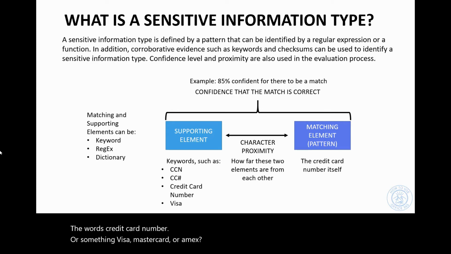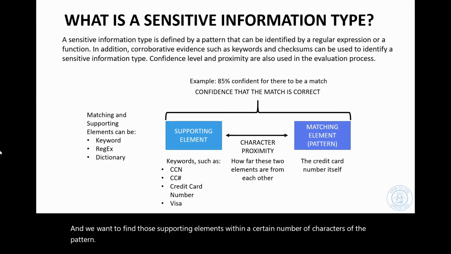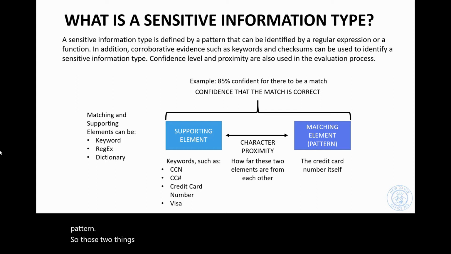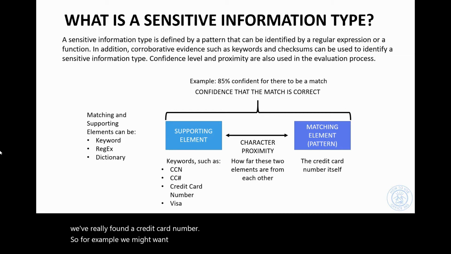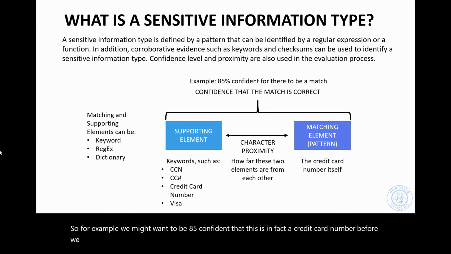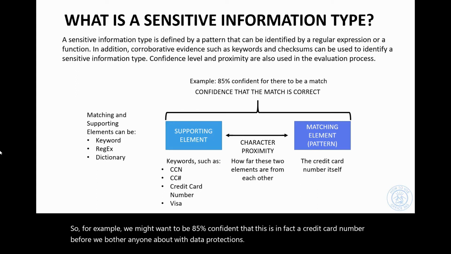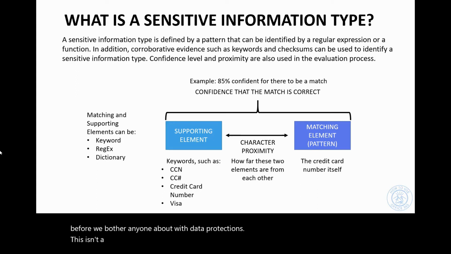And we want to find those supporting elements within a certain number of characters of the pattern. So those two things together give us a confidence level that the match is actually correct and that we've really found a credit card number. So for example, we might want to be 85% confident that this is in fact a credit card number before we bother anyone with data protections. This isn't a perfect science, but it's really going to reduce the risk of sharing information in your company.